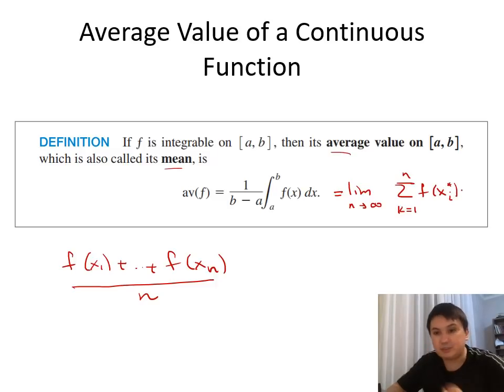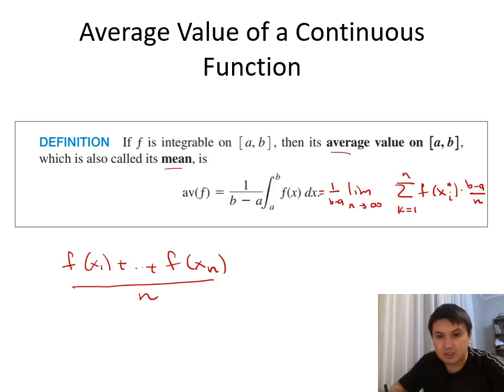What was delta x? It's b minus a over n, right? So that part would be my definite integral part. But I also have 1 over b minus a, so I also need to write that here.